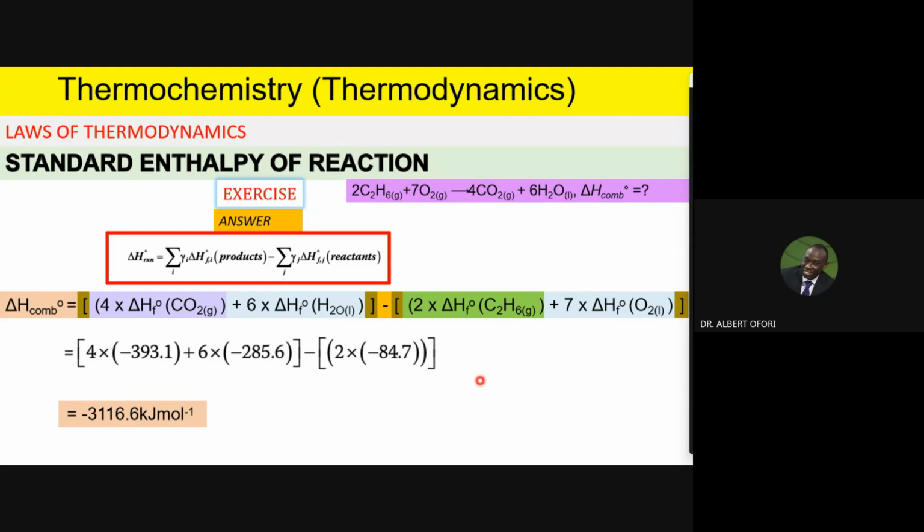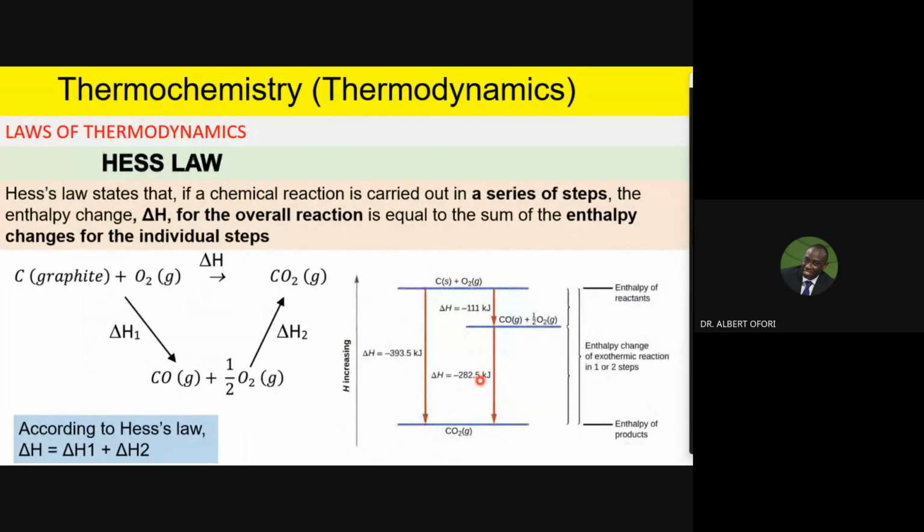Well, let's make progress. Once I know the standard, and again, standard means 1 mole, if there is another mole, that's why we're multiplying. Another application of the first law is Hess's law.